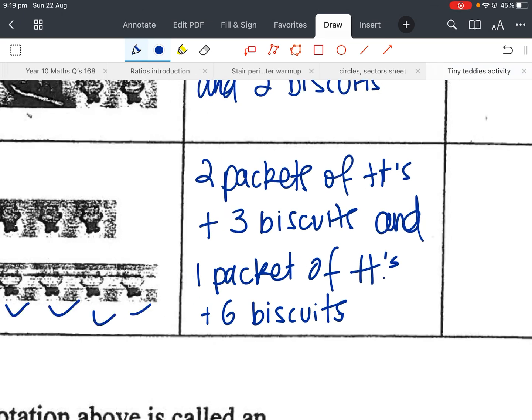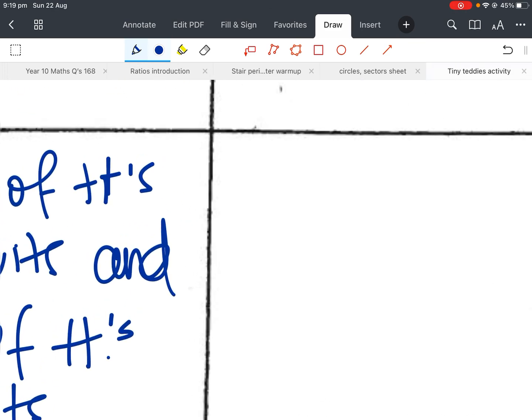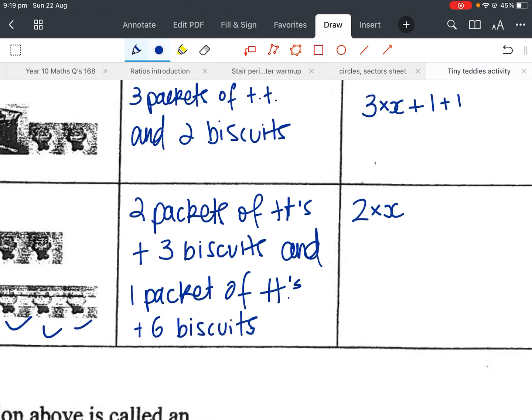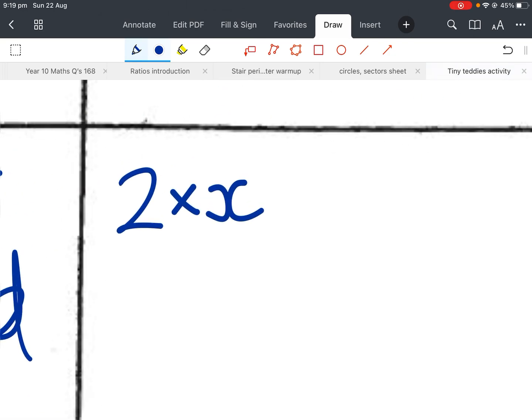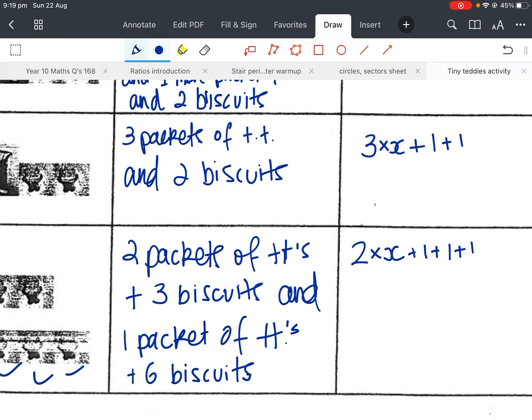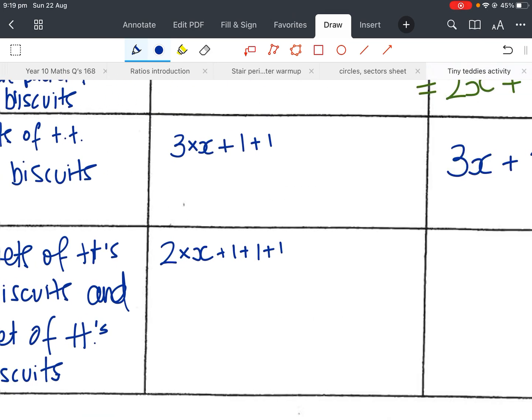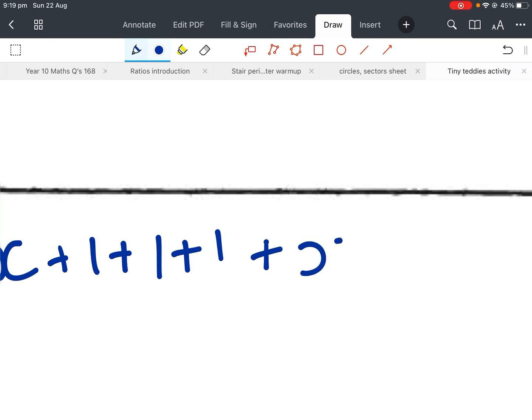All right, so how do we write 2 packets of tiny teddies? Remember, 1 packet is x. So I'm going to write long version 2 times x, and I've added 3 biscuits, so plus 1 plus 1 plus 1. It's a long version. And then 1 more packet means I'm adding another lot of x, 1x if you wish.